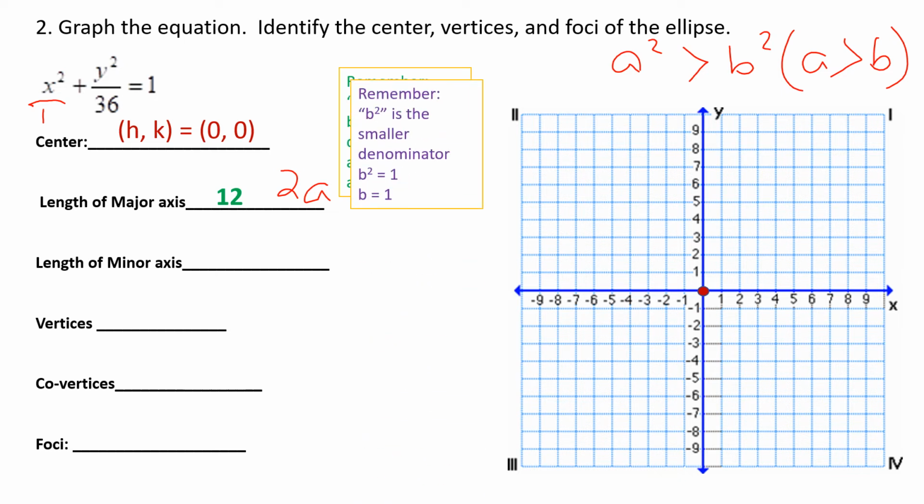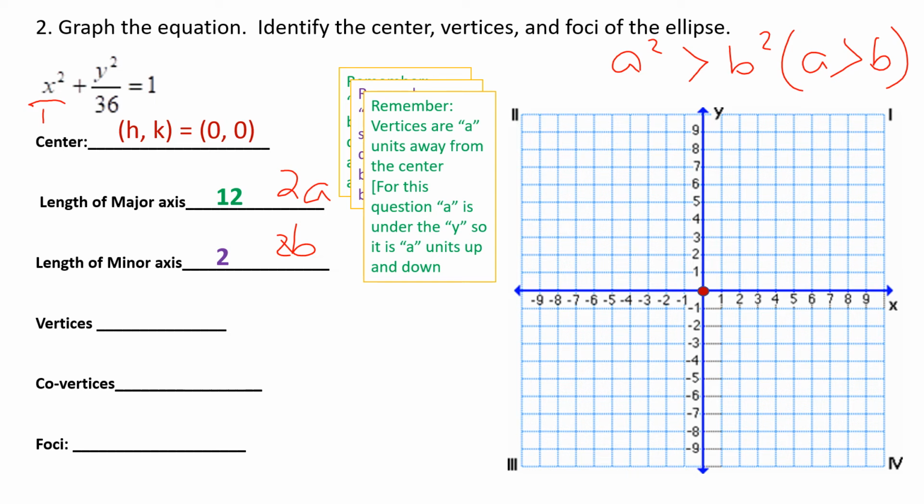Before we put the vertices and the co-vertices, let's find the minor axis. Now, remember, b squared is the smaller denominator. In this case, it's 1. That means b is 1. And the length of the minor axis is 2b, which is 2 times 1, 2.